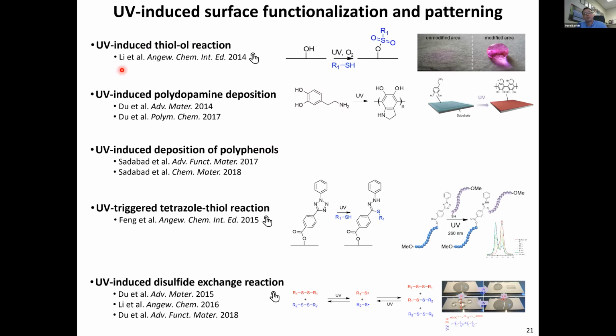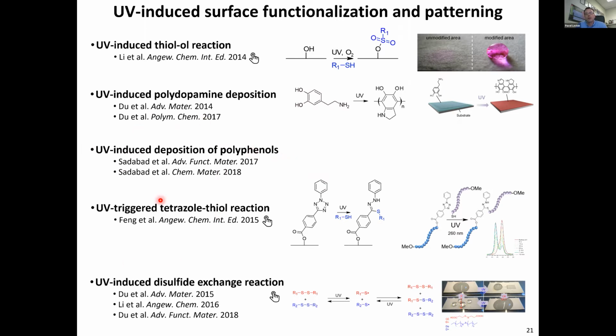We demonstrated that dopamine and phenolic compounds can be polymerized and the polymers can be deposited on surfaces by using UV light to accelerate this polymerization and deposition, which is interesting because polydopamine coatings are substrate independent, and you can functionalize almost any material, including gold, Teflon, and all kinds of polymers.